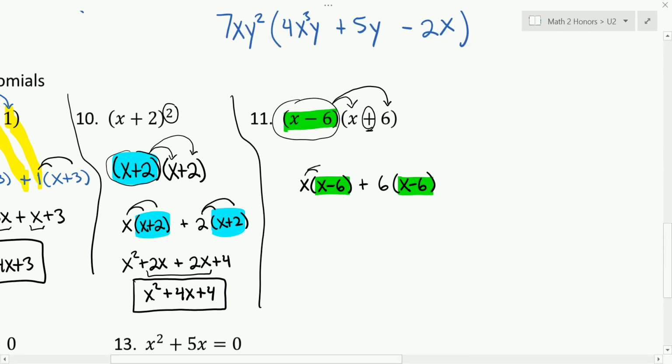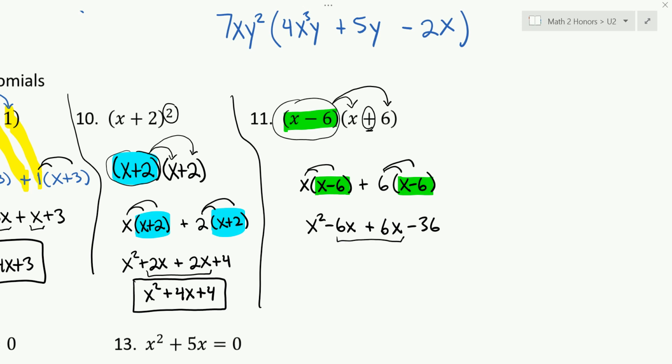And then distribute more. x squared minus 6x plus 6x minus 36. Combine like terms. What happens to the middle term? If you have a negative 6 and a positive 6, that adds to 0. So this is x squared plus 0x minus 36.